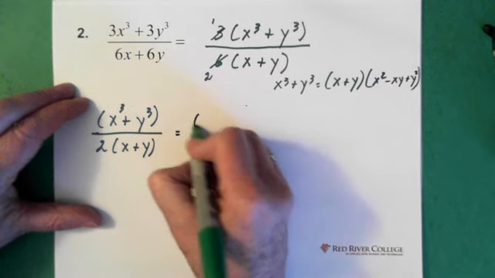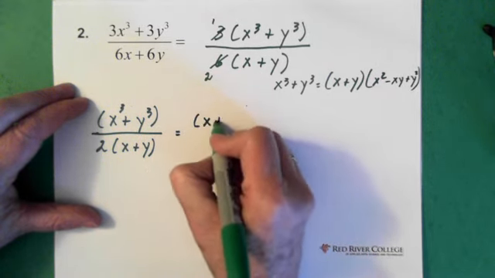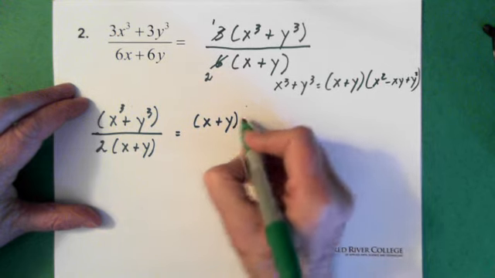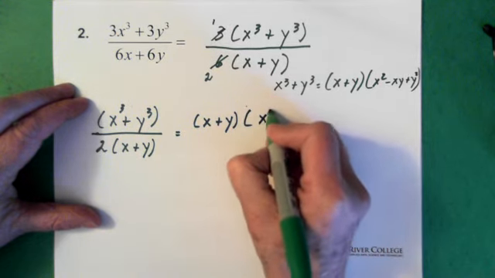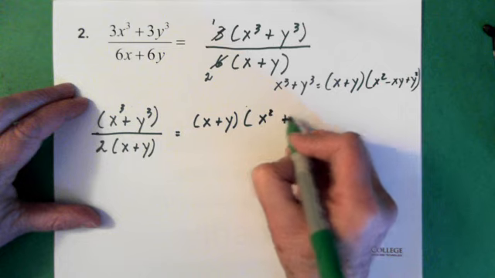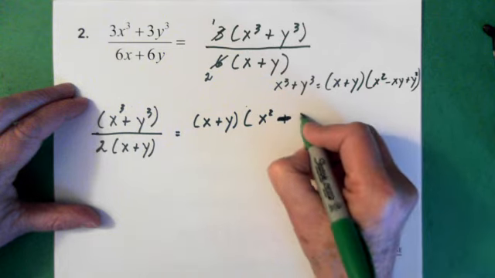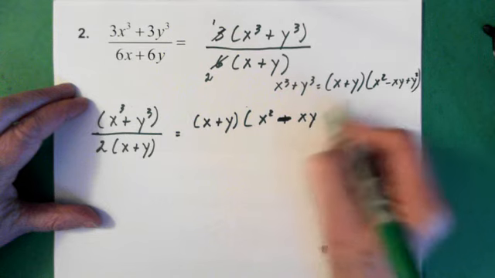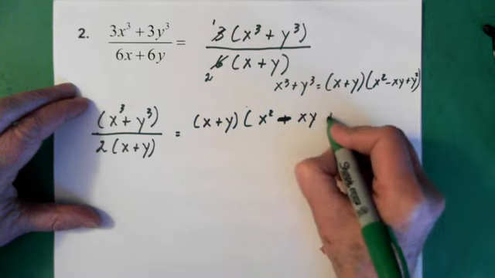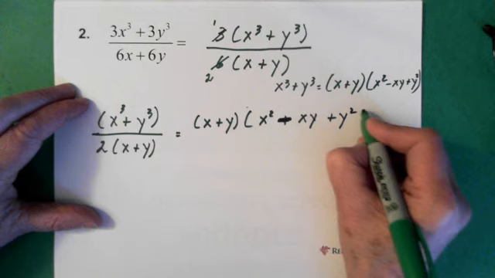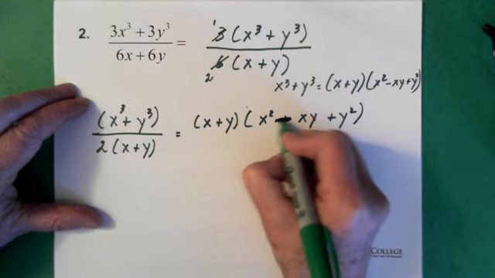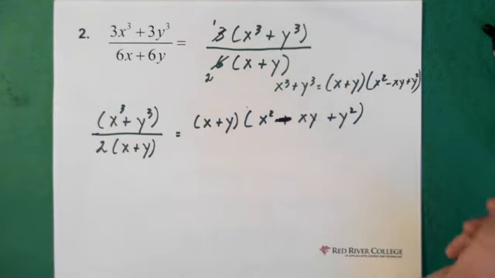So we end up with x plus y times x squared, oh, that's wrong, minus xy plus y squared. That's the importance of slowing down and not going too fast. Right?